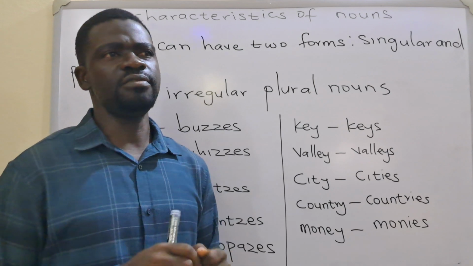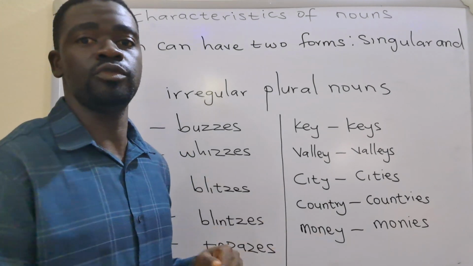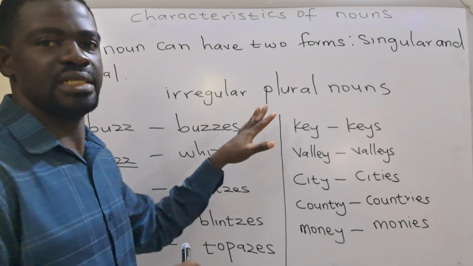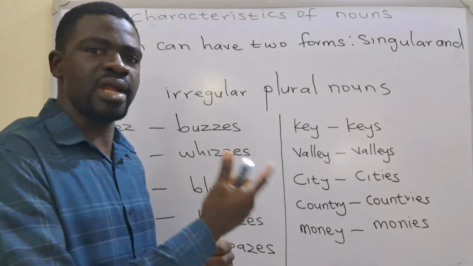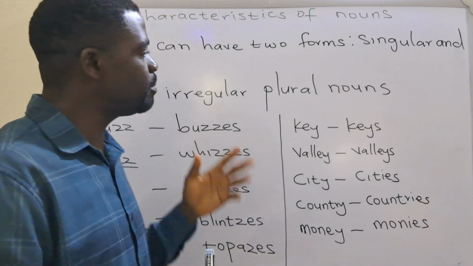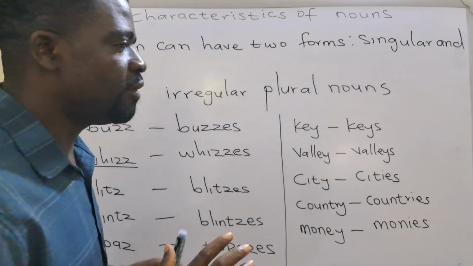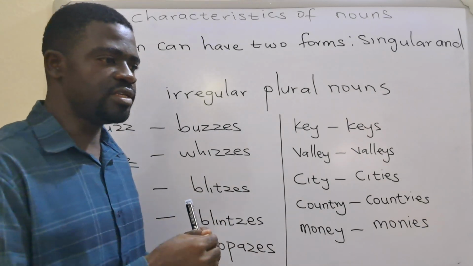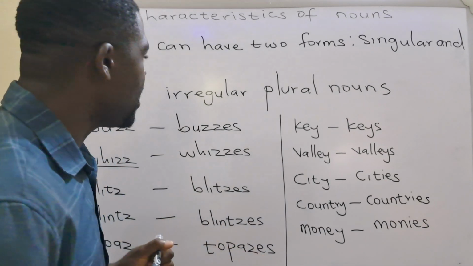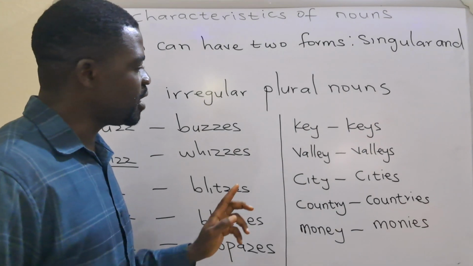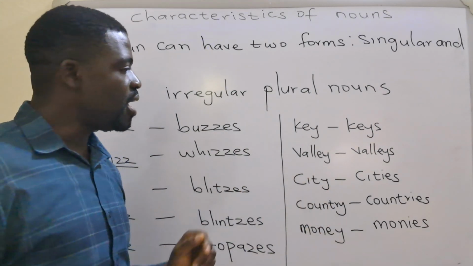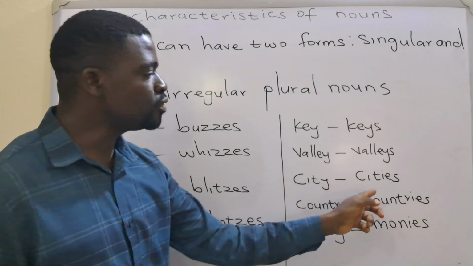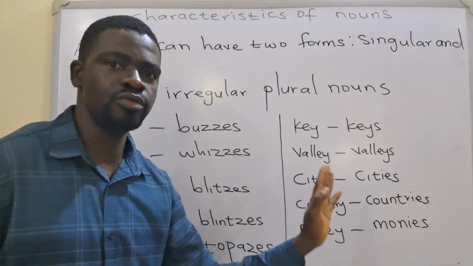There are some nouns that don't follow a particular pattern to form their plural forms, and they have this kind of irregular pattern. You might not be able to predict what the plural of a particular noun will be. For nouns that have a kind of established pattern, you can simply say, if my noun ends in y and the letter before the y is t, I can simply put ies to that noun to form the plural form.